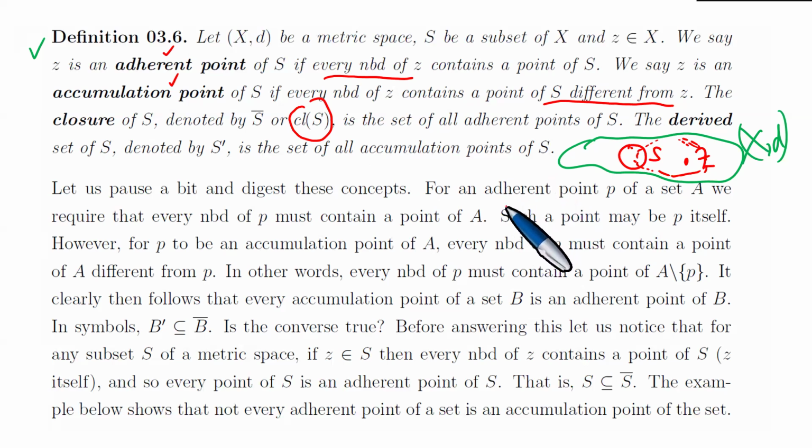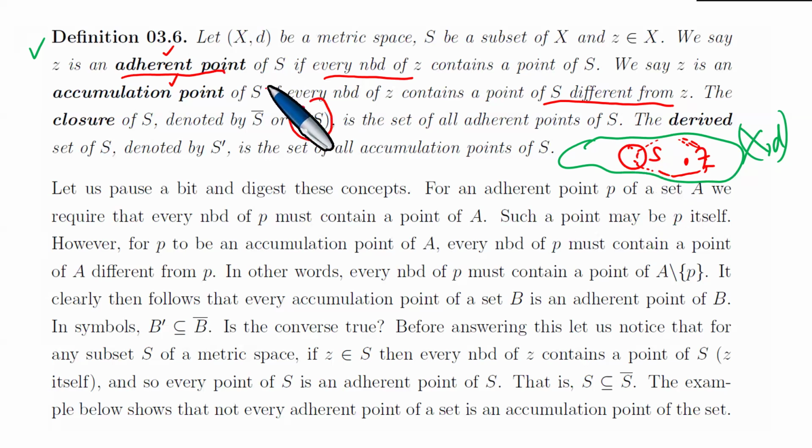What actually is happening here? There are points that are very close. The accumulation points can be a little bit further away, but the adherent points, as the word says, adhere, like being in contact with the boundary.